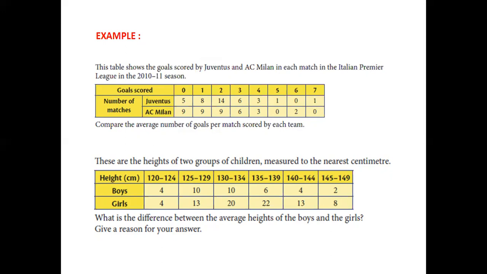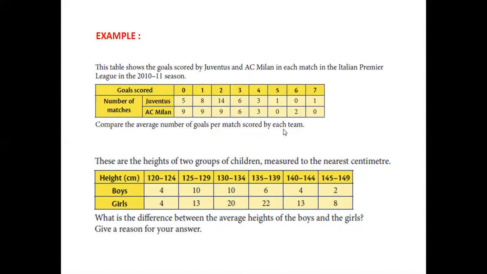The matches of Juventus are 38, and the matches of AC Milan are also 38. How can we compare that? Compare the average number of goals per match scored by each team.